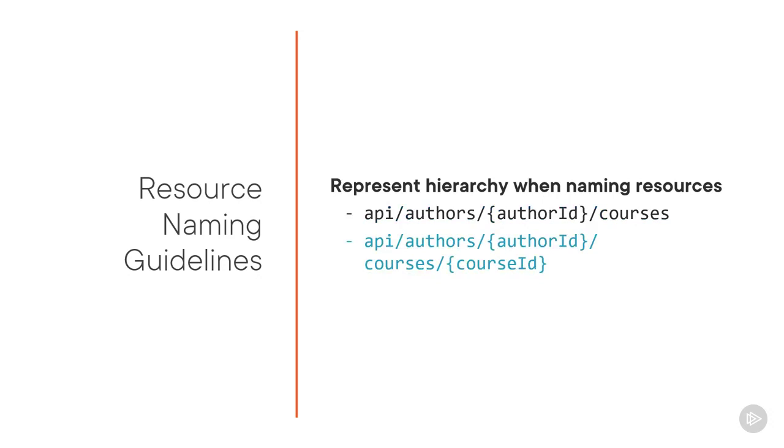A single course by an author should then be defined as the URI for all the author's courses followed by the course ID. Note that this does not mean that you cannot expose the same data via different URIs. For example, you could expose all courses via API/courses and then expose the author's courses via the URI you see on screen here. That is perfectly allowed. There is a clear separation between how you expose your resources and how they are stored in the data store.